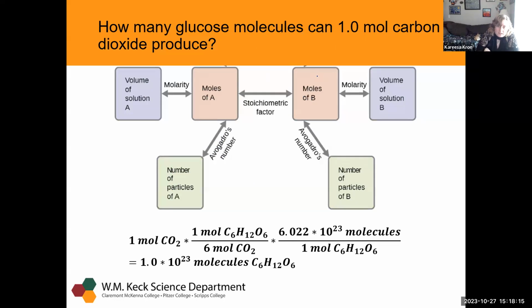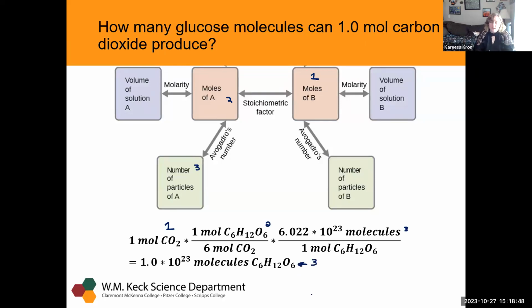So if I'm here, I start with moles of carbon dioxide. I multiply by my stoichiometric factor, and it gives me the moles of glucose that I have. And then I can use Avogadro's number to see how many molecules are there per mole of glucose that I have, which brings me down to my goal over here, which is the number of particles.